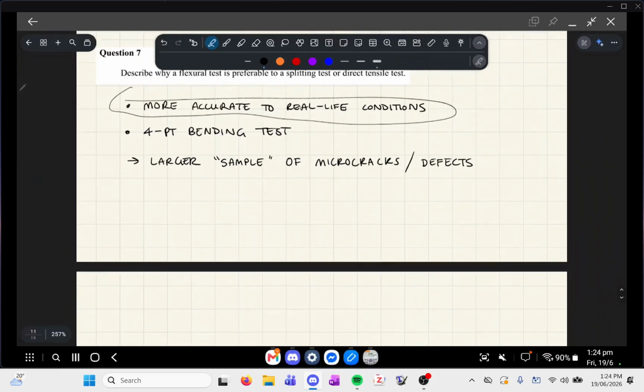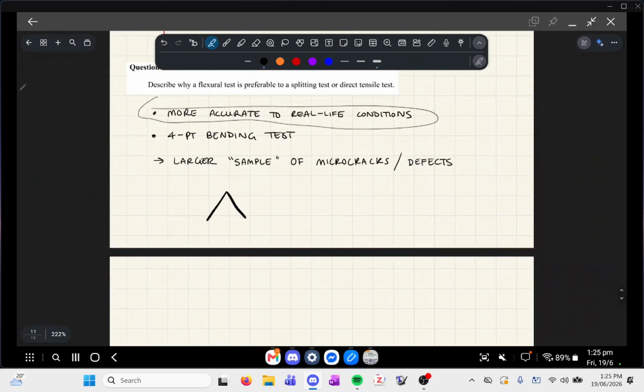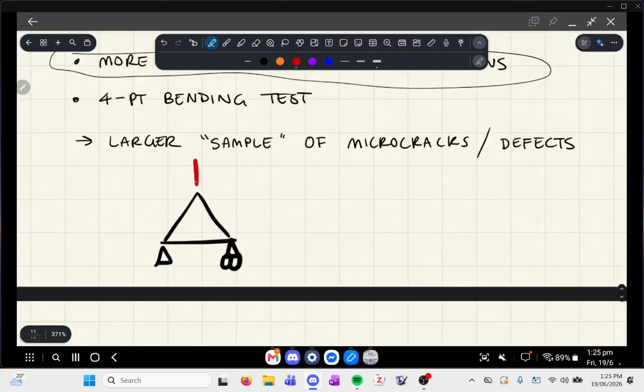So a lot of the time, and this is not a hard and fast rule, if you have something like a truss, and let's say that truss is taking a point load at the top, you're going to have members which are in compression, and then you'll have members which are in tension, for example. And since it's a truss, you're assuming only axial forces are traveling through this structure, okay?